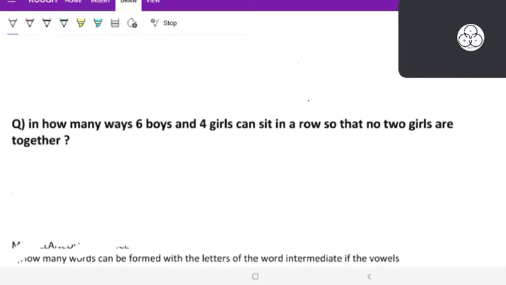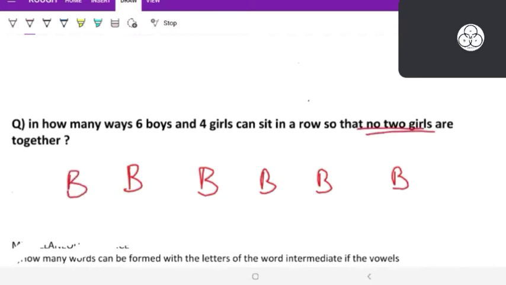In how many ways can 6 boys and 4 girls sit in a row so that no two girls are together? This is the classical example of this gap method. There are 6 boys: 1, 2, 3, 4, 5, 6.